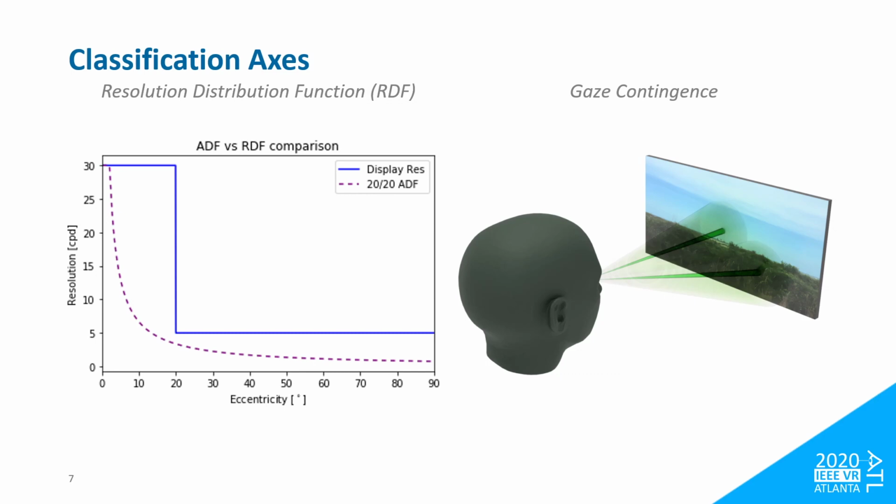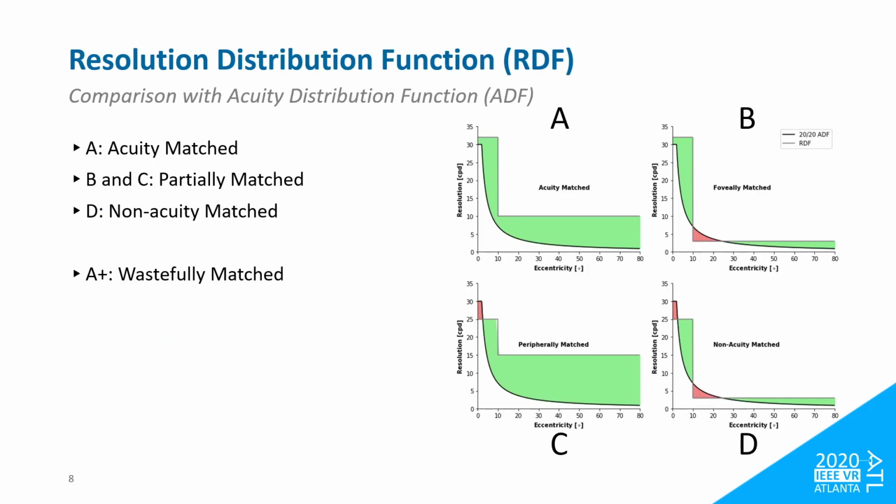Gaze contingence can be accomplished in a number of ways, and our focus in this classification is not necessarily on the implementation itself, but rather the results of the underlying implementation. In fact, both RDF and gaze contingence we'll describe as the experience seen by the user. In the RDF axis, the classifications we came up with should be relatively straightforward to identify as a user with the given visual acuity.